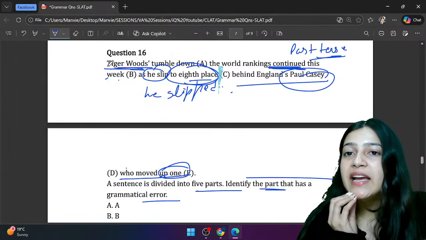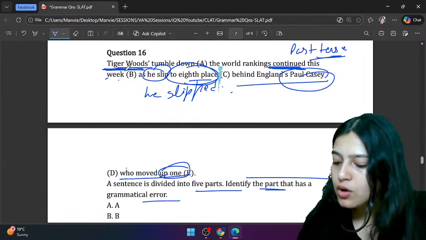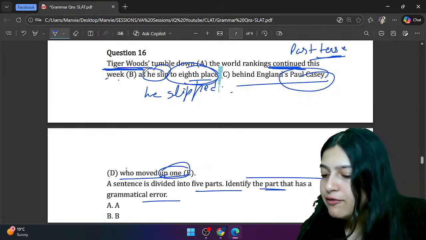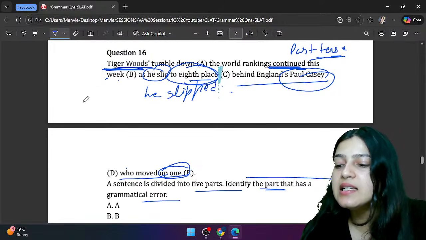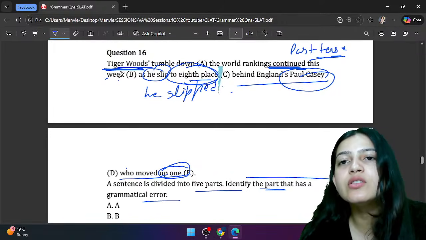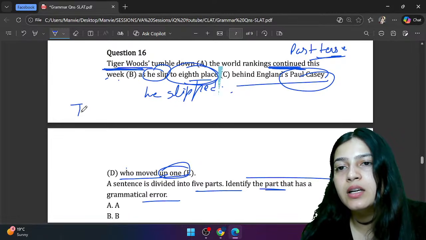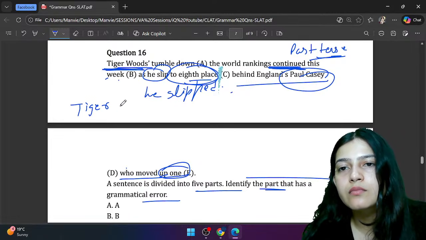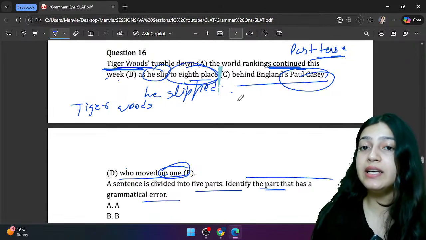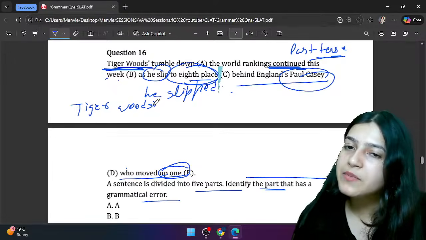Okay? Tiger Woods, you might be confused. If the question comes, ma'am, why is there only an apostrophe after the s in Woods? If someone's surname or spelling already ends in s, this is how you write Tiger Woods', because Woods is his surname. You want to write the possessive, but you just write the apostrophe.